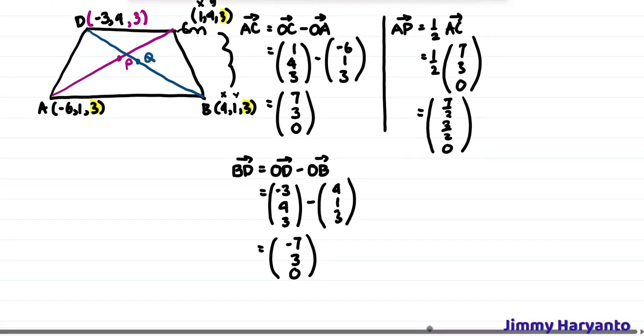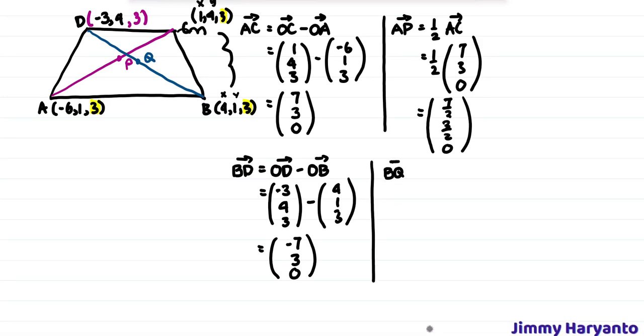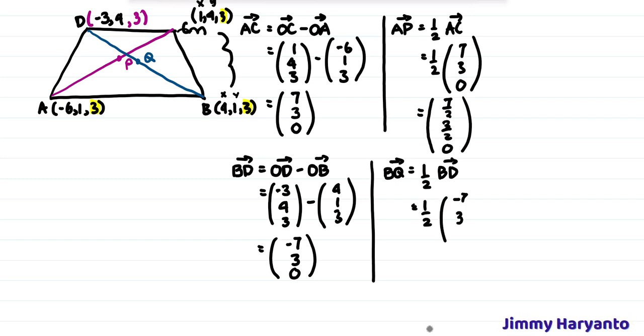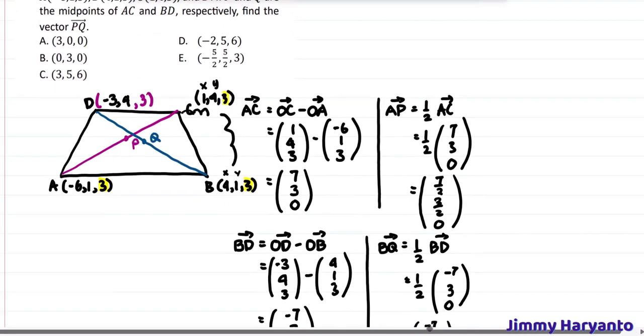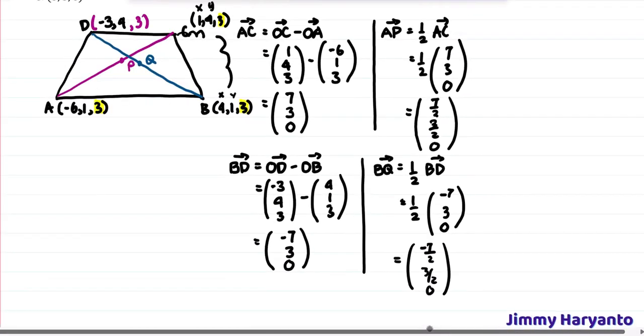Then I think we can find BQ, since BQ is half of BD. It also means half times (-7, 3, 0). And the final result will be (-7/2, 3/2, 0). Okay, that is BQ.